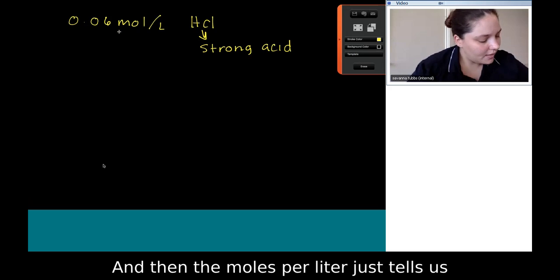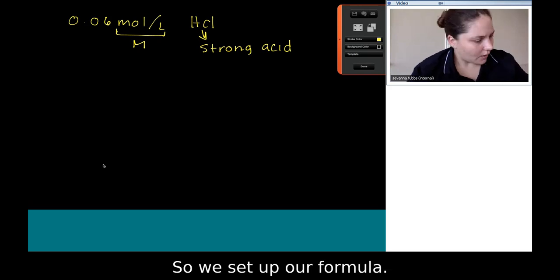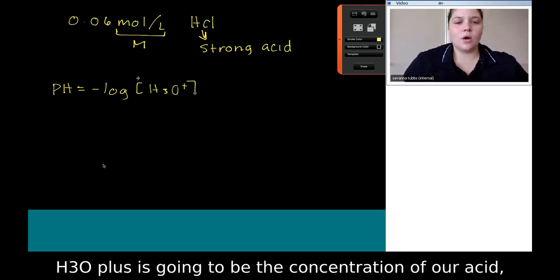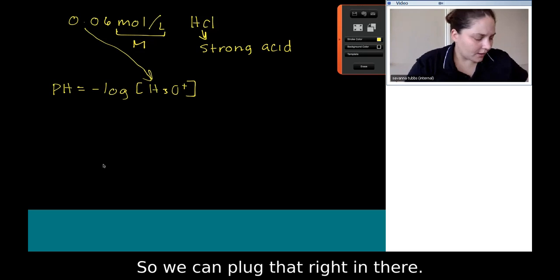And then the moles per liter just tells us that it's molarity, which tells us that this is the concentration. So we set up our formula: pH equals negative log of the concentration of H3O plus. H3O plus is going to be the concentration of our acid, which this number fits. So we can plug that in.